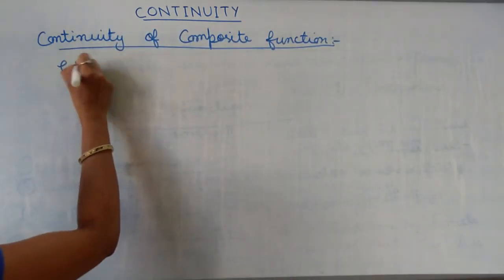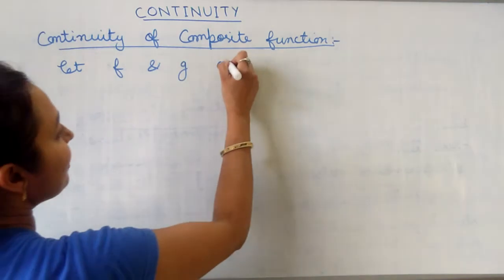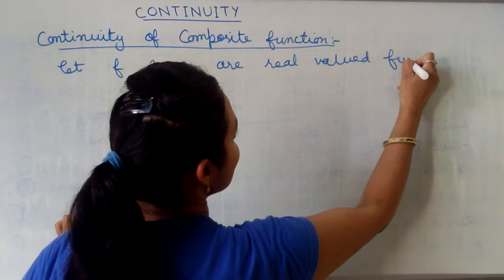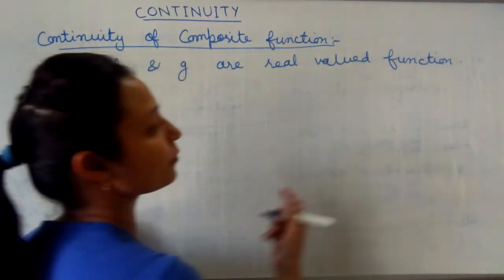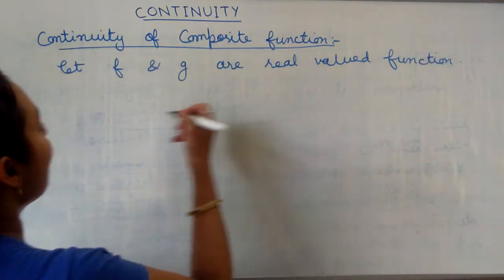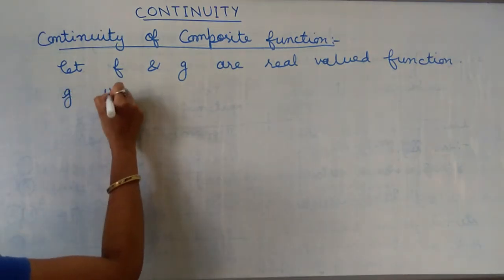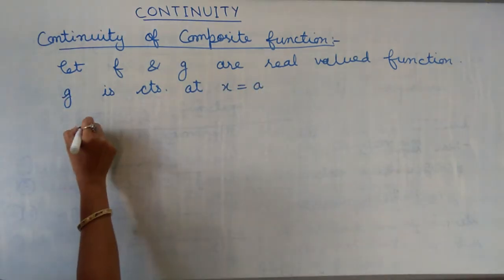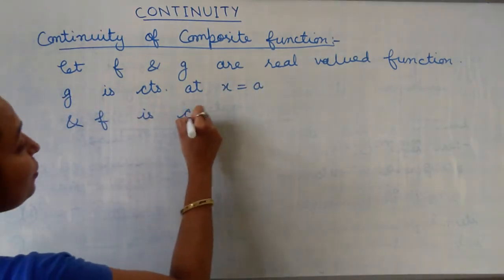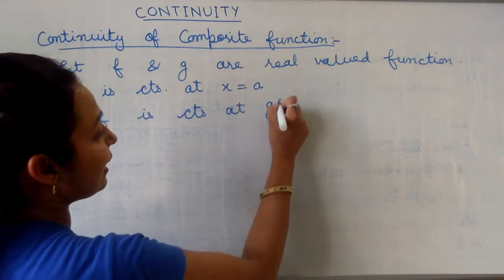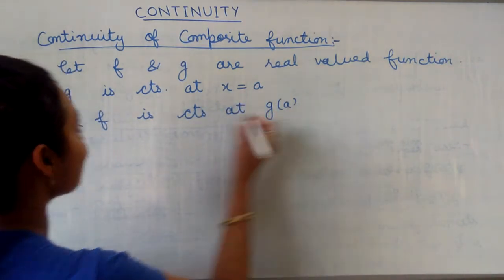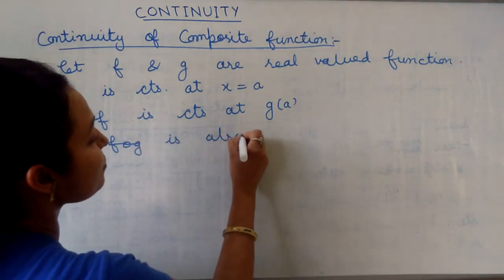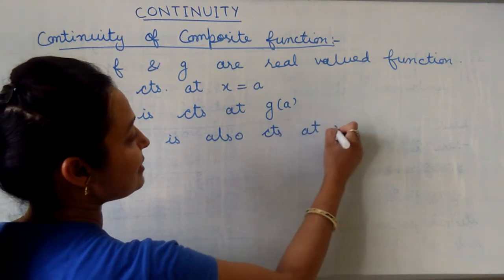Let f and g be real valued functions. In class 11th we will talk about only real valued functions. If g is continuous at x equals a, and f is continuous at g(a), then we can say that f∘g is also continuous at x equals a.